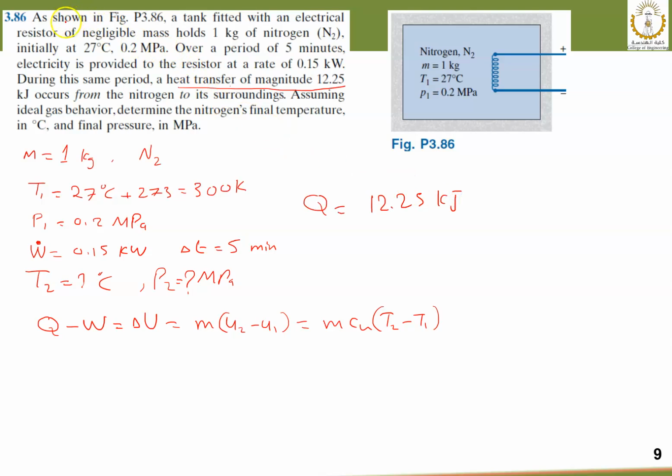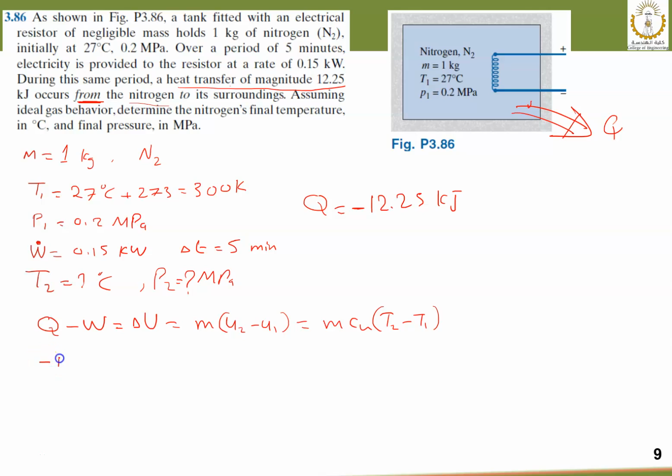But we should be careful here, read the question carefully. It says that the heat transfer occurs from the nitrogen to the surrounding. So this is heat transfer to the outside. Therefore, Q is negative, because that's the convention. If the system loses heat, then the heat is taken as negative.